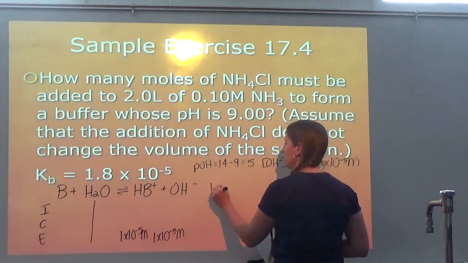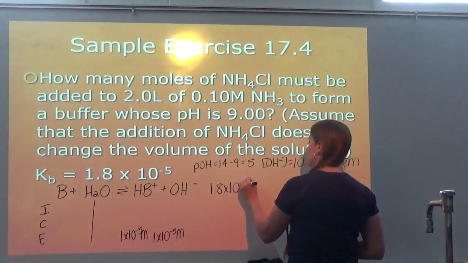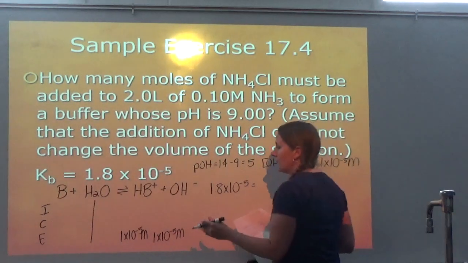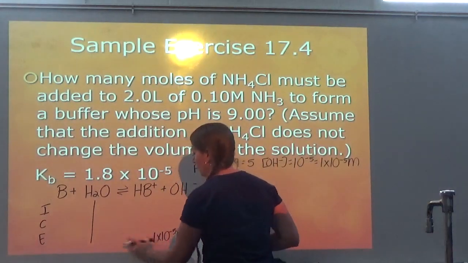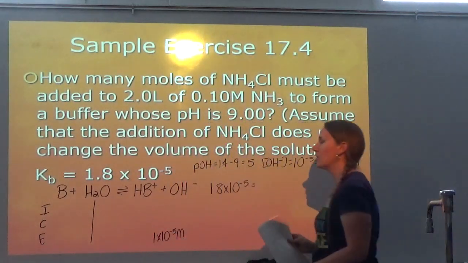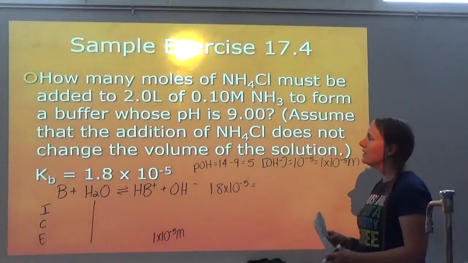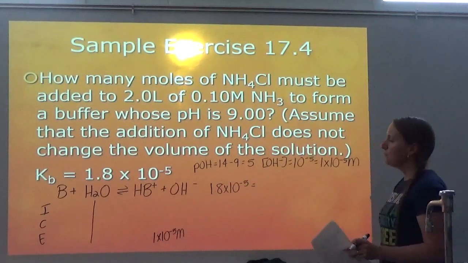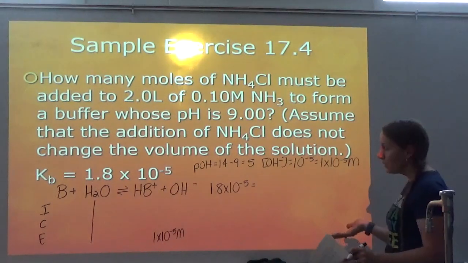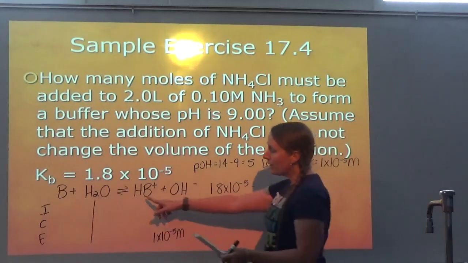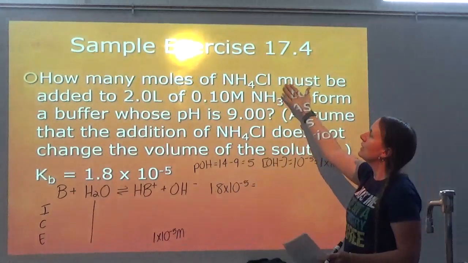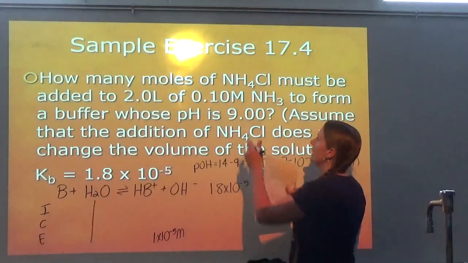So my Kb is 1.8 times 10 to the negative 5, and that equals the ratio of products to reactant. We don't actually know this value just yet either, so let's plug in what we do know. We don't know our HB plus yet; remember that's what we're trying to find, how much of the NH4.